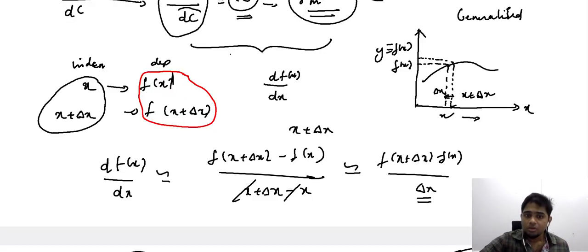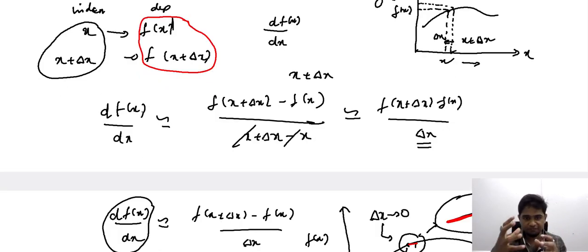Now, this is a specific case of a derivative. When we move away from this specific case and talk in generalized terms, we go back to our expression of an independent variable influencing a dependent function, and the derivative, which is the change in the function with respect to the independent variable, can be expressed using this ratio here.